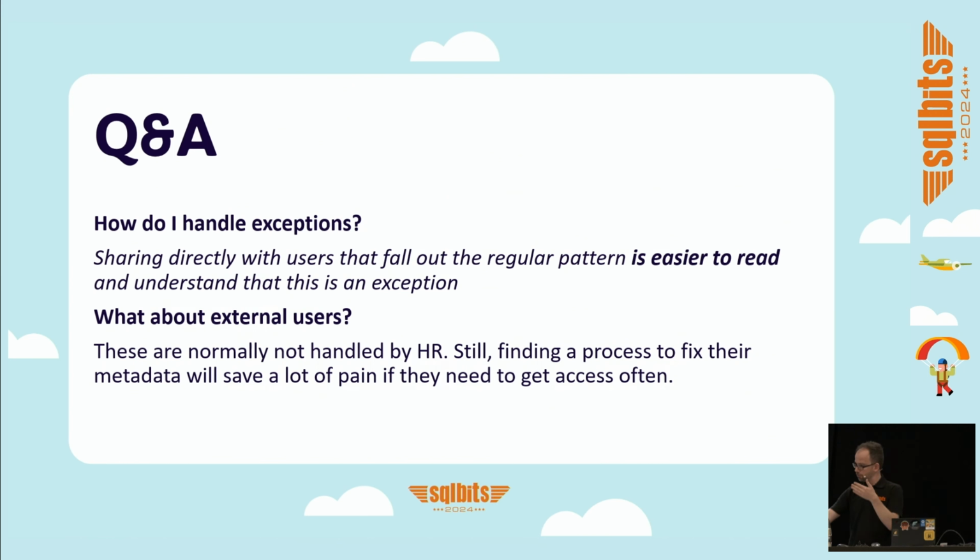I think it's better to put it outside the security groups, and then it's obvious that this is an exception. It's like, this is for sales, but also this guy. I think it's easier than putting everybody in the same security group, where you have no traceability on why these people are in that group. This is my opinion, of course.